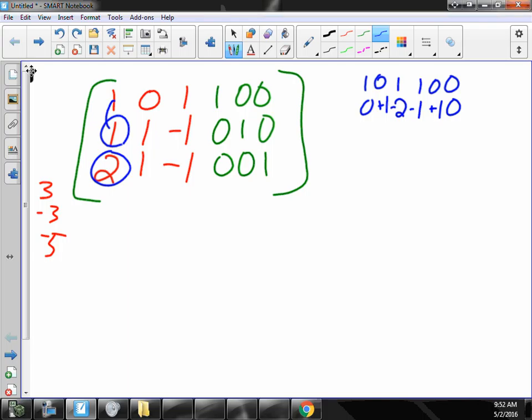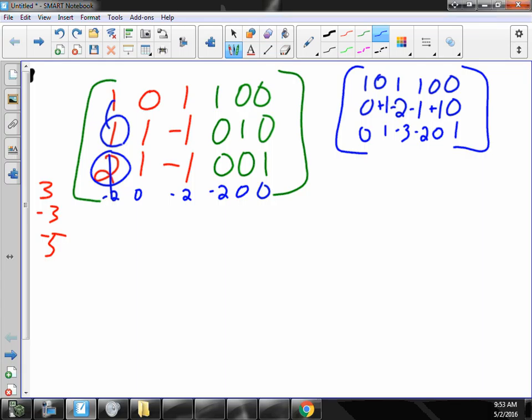Okay, now I need to times the top by -2. So that'd be -2, 0, -2, -2, 0, 0. That turns into a 0. This turns into a 1. -3, -2, 0, and 1.